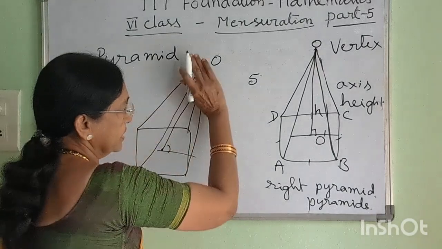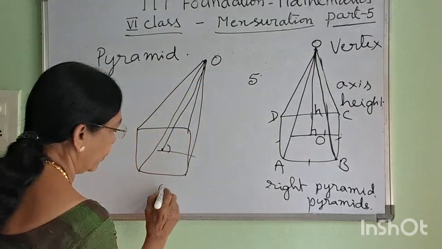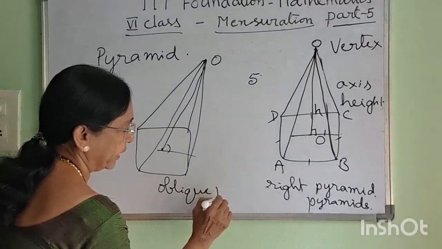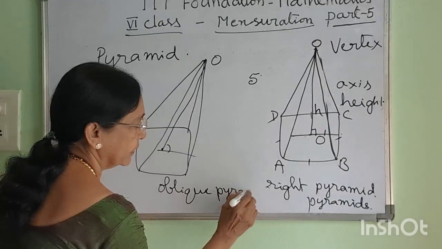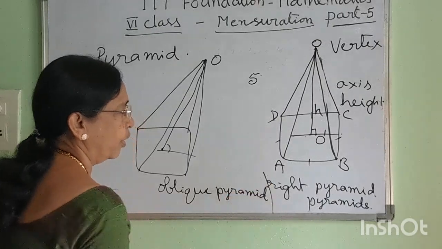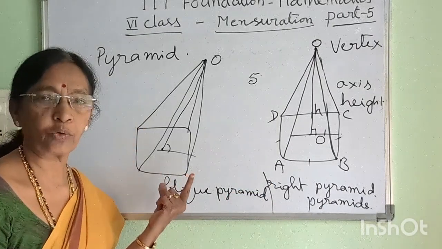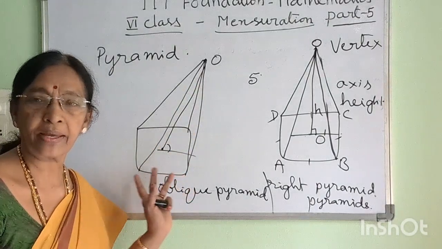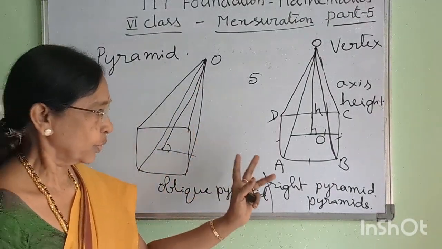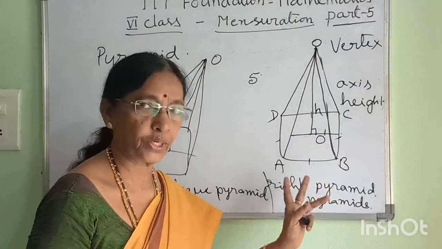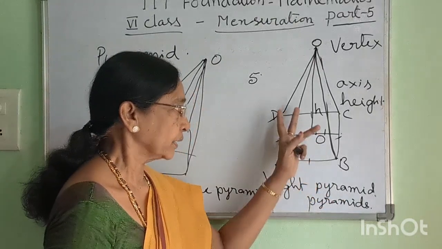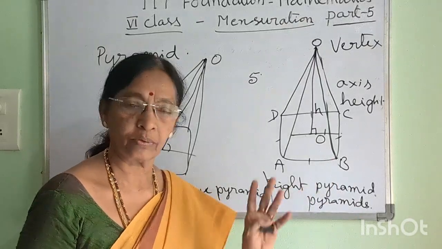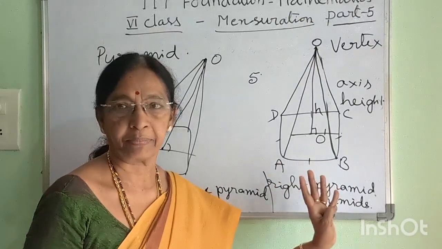Therefore, this pyramid is called an oblique pyramid. In an oblique pyramid, the axis is not perpendicular to the base. In all the pyramids we are going to deal with, the axis is perpendicular to the base, and they are right pyramids, and we call them simply pyramids.